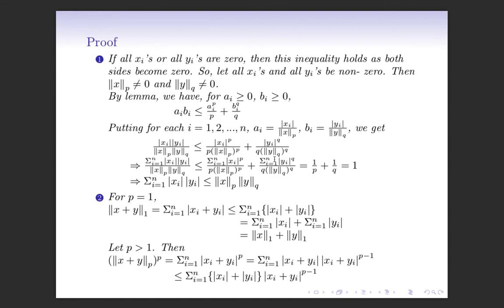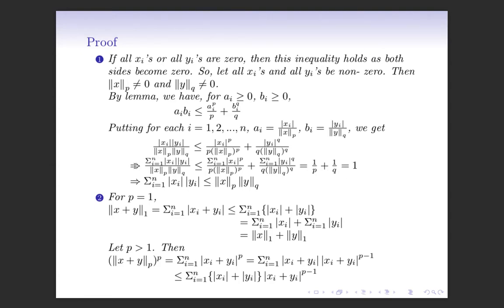Similarly, this term, summation mod of yi whole to the power q, by the definition of norm, is norm q of y whole to the power q, so these two terms will be cancelled and we have plus 1 by q, and this is equal to 1.